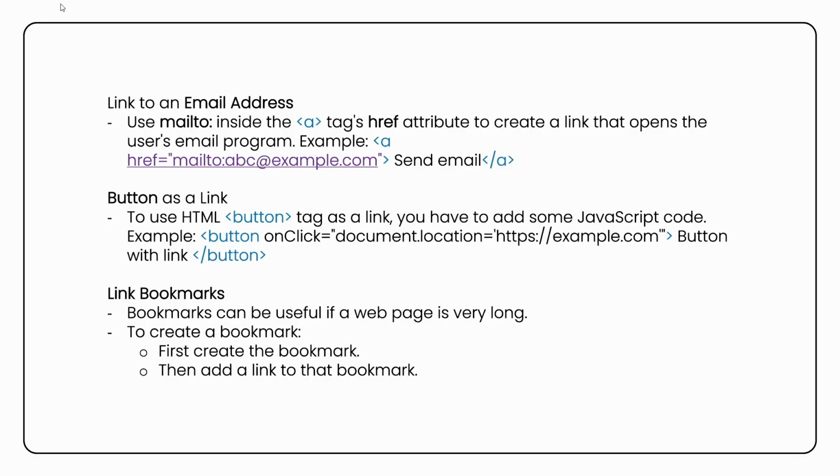We learned how to use images, buttons, etc. HTML elements as links along with the title attribute. We learned how to send email via the anchor tag using mailto:, and finally we learned about link bookmarks.